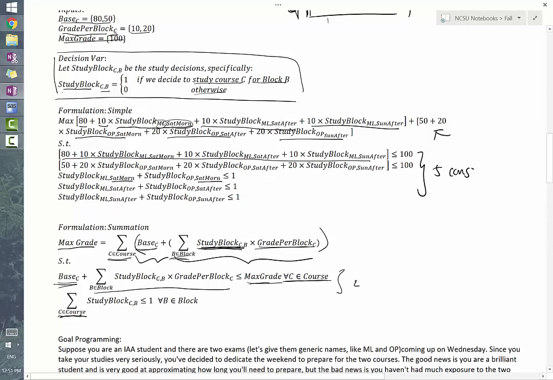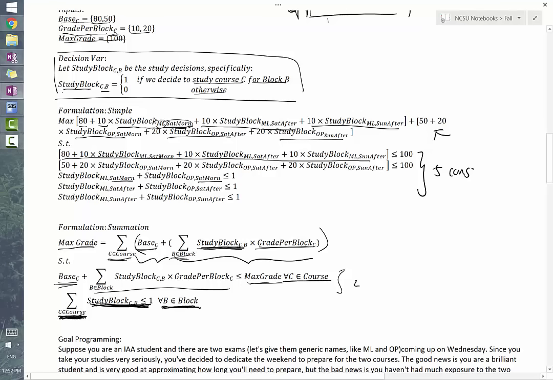Summing for every block of time, if we sum over the number of courses you're studying, your total number of decisions has to be less or equal to 1. What does this mean? In English, this says, for every block of time you have, the total number of courses you're studying has to be less or equal to 1.